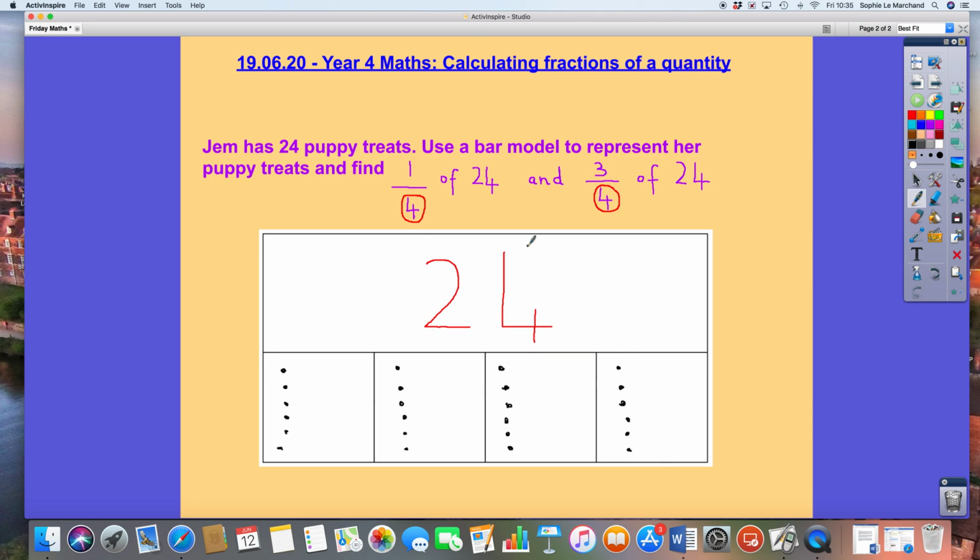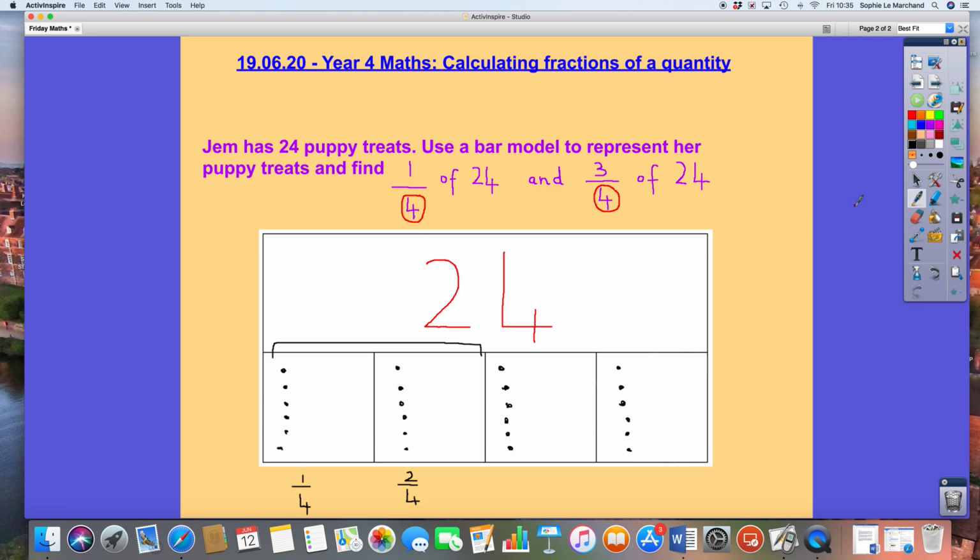Now before we try and answer those questions, I just want to identify what each of these boxes represents. So if we were to look at just this box, this is a quarter. If we combine the first box and the second box, that's 2 quarters.